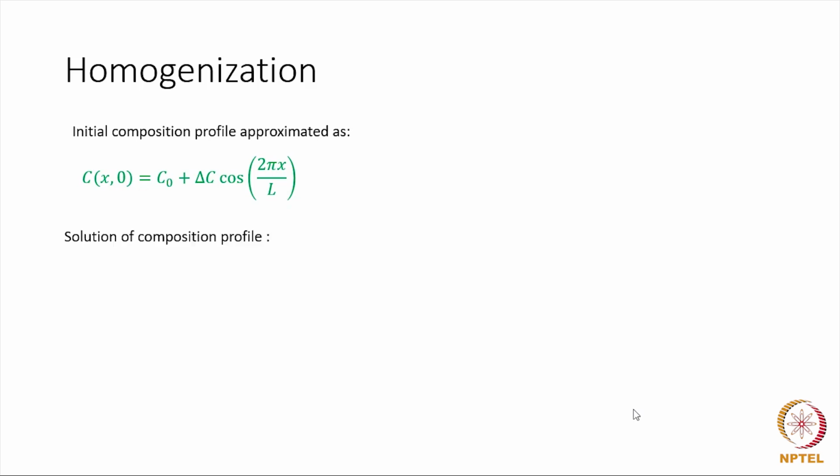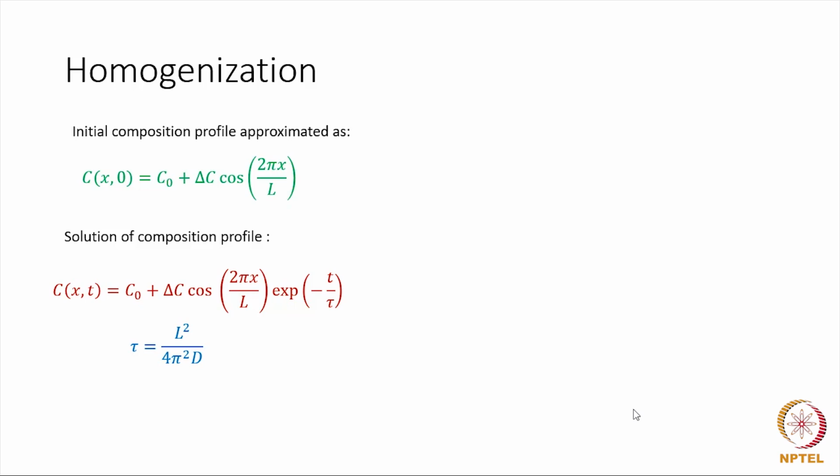And we can then write the solution directly from what we have seen: C of x comma t is C naught plus delta C cos 2 pi x by L times e raised to the power of minus t by tau, so we readily have the solution now. And here tau is given as L square by 4 pi square D, as we have discussed earlier.